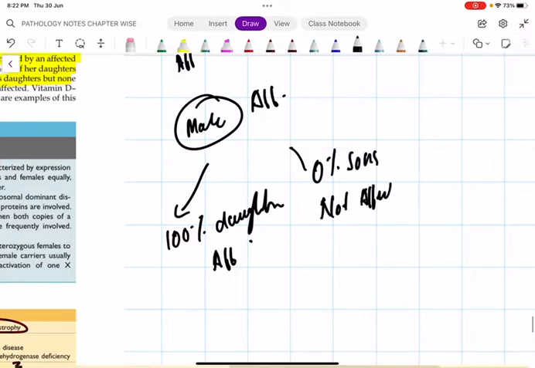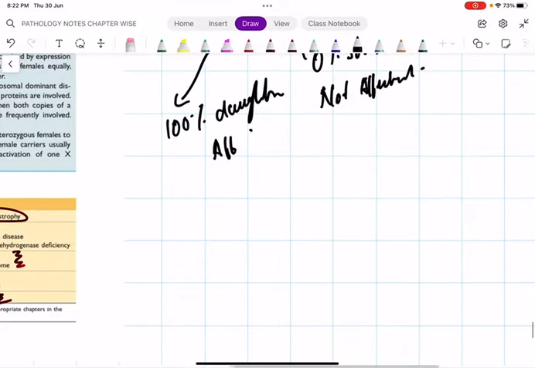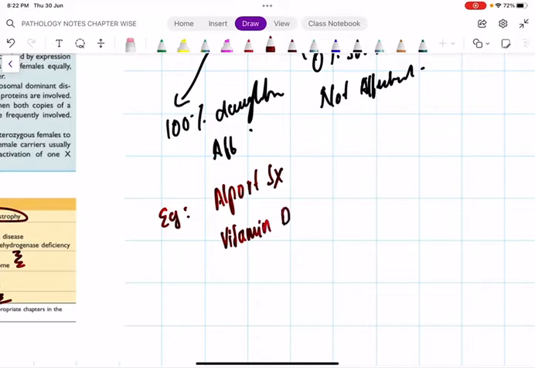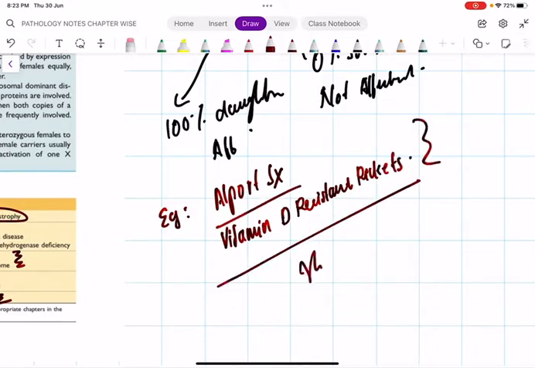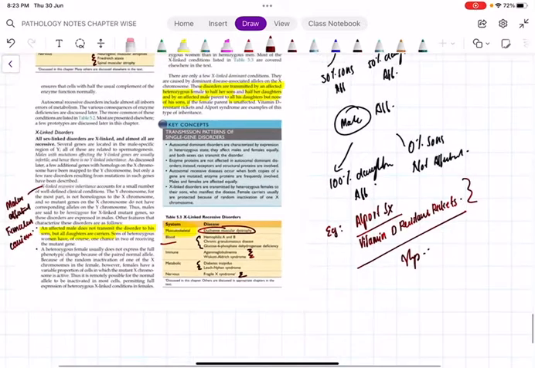This is X-linked dominant. The two examples are number one, Alport syndrome, and next is vitamin D resistant rickets. Very, very important. Please remember this point.